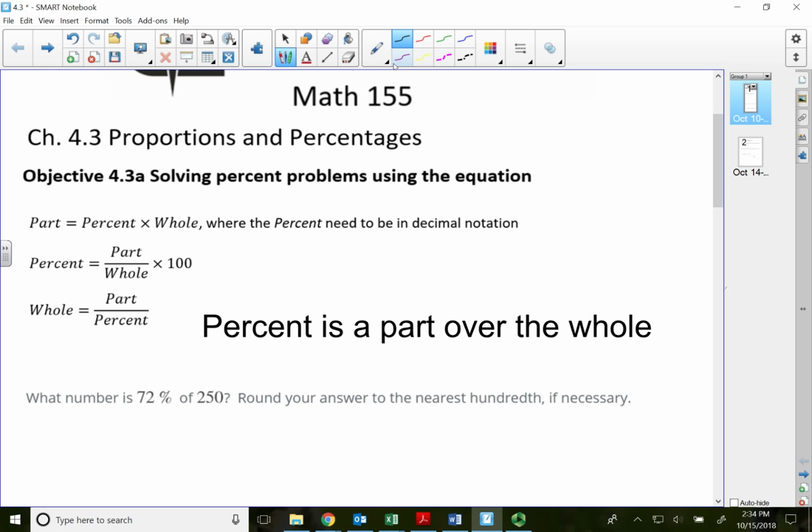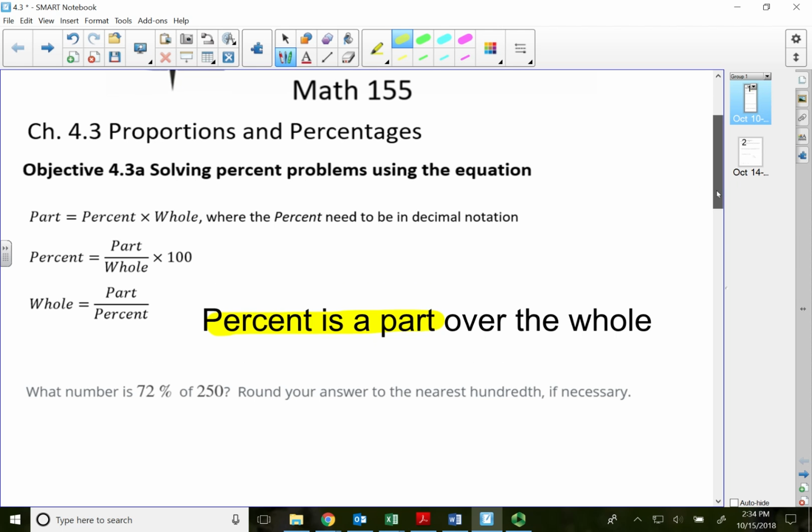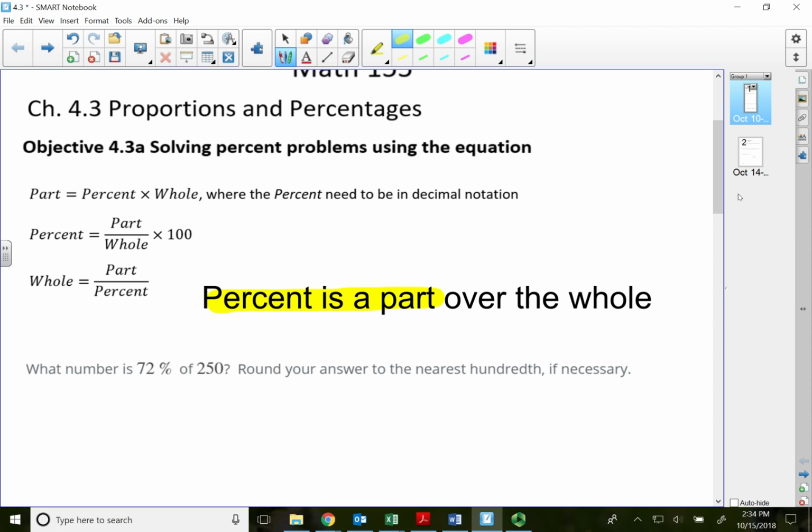So percent is always part divided by the whole. The word part here tells us that percent always represents a part of something. Anything that is less than 100% is always regarded as part of something. When we go over some of these word problems, you'll begin to notice that.